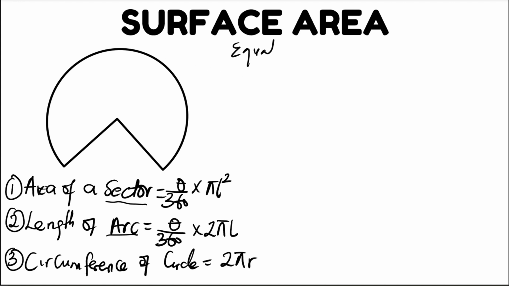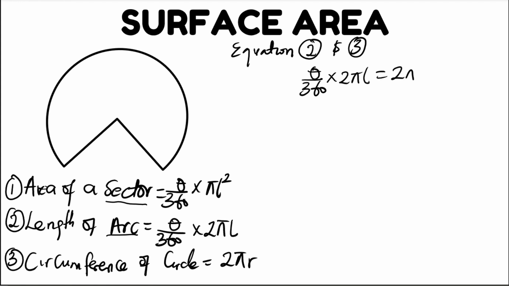With equation 2 and 3, that will give us theta over 360 times 2 pi L is equal to 2 pi R. We cancel 2, pi and pi, so we have theta over 360 times L is equal to R. Let's make theta over 360 the subject of formula.